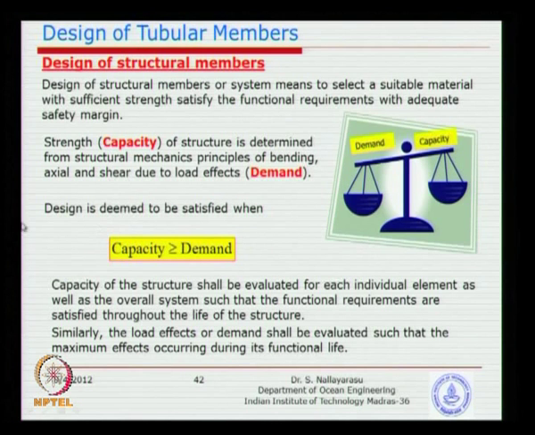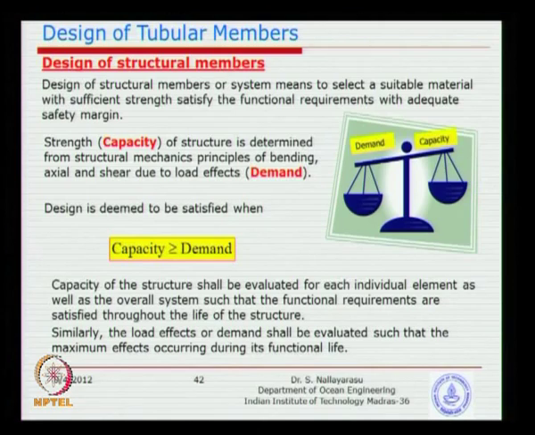So, design means what exactly we mean is to make sure that the structure has sufficient strength to carry the service loads. So, that means we are just going to go for a reverse problem. We know what the service loads and their effects are and look for the response, and the response must be within the resistance of the structure provided by or proposed by us.